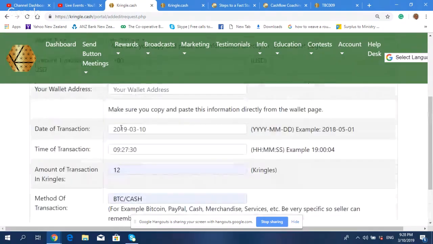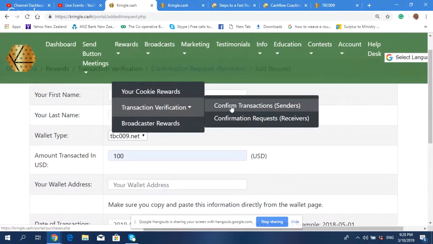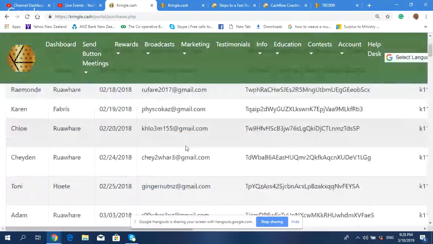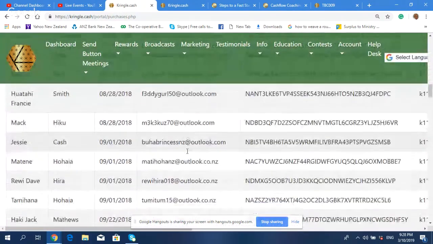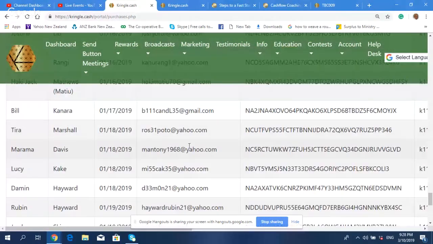and he or she will receive it right here. This is the senders, okay? They will receive it in this part here. And it's always on the very bottom line.